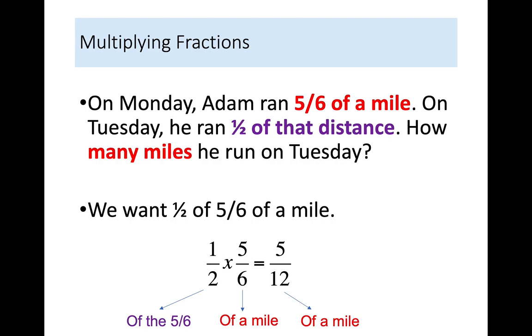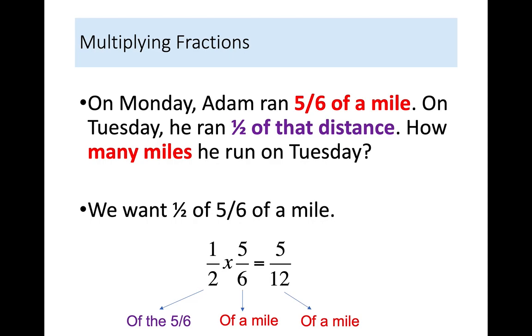But it's important to note that 1/2 does not mean half of a mile. That 1/2 is half of the 5/6, or half of that second fraction in the word problem. And this is always how fraction multiplication works. The first fraction is always of the second fraction, and the second and third are always of the same whole.